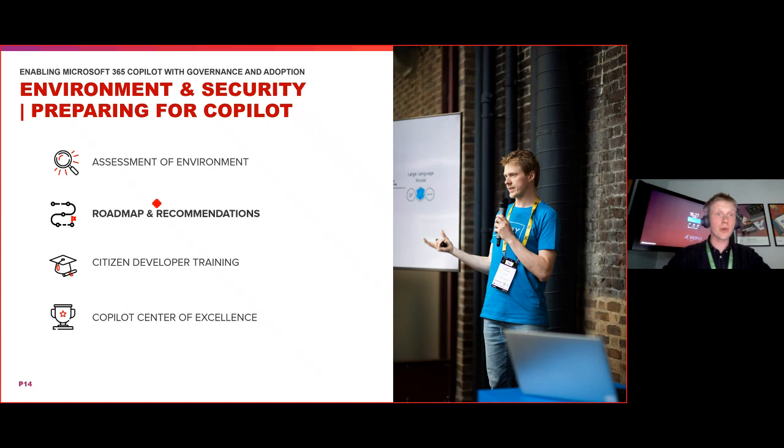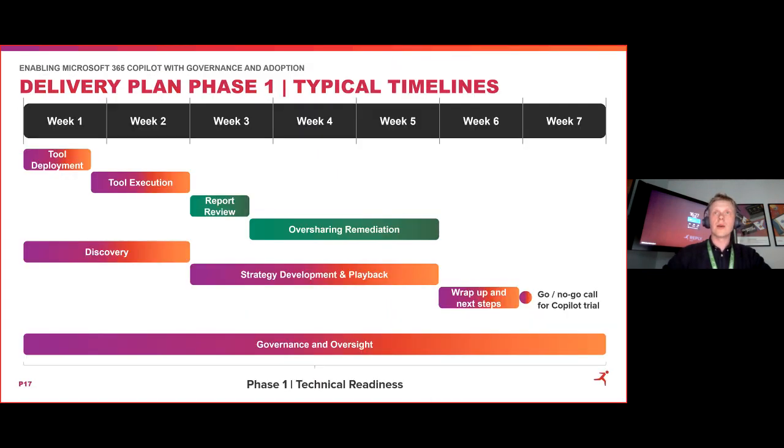So that's regarding the roadmap. And then, just for a rough idea of what the delivery timeline looks like for the technical readiness phase. I know it's going to be different for different sizes of organization. It will depend on the size of the organization, its maturity, and what you're doing today with data governance.